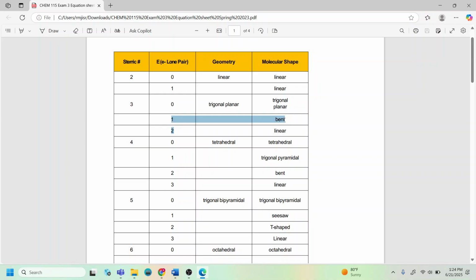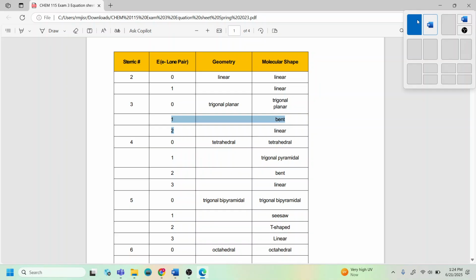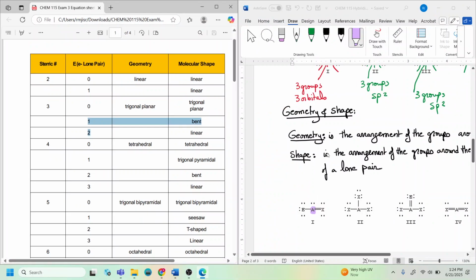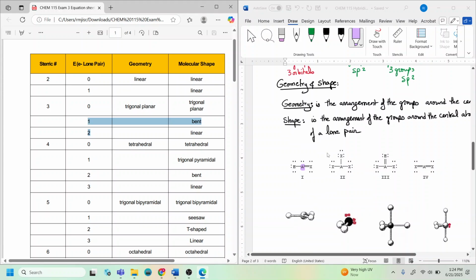So now the groups around the central atom arrange in a different way, causing a different bond angle. This is why the shape differs in this case. So we're going to refer to this table whenever we are working with the geometry and with the shape.